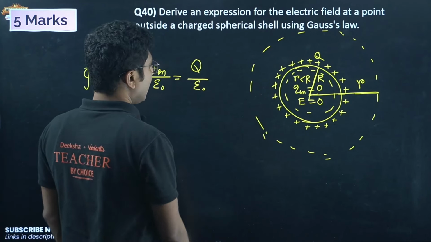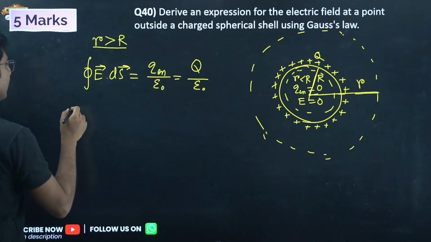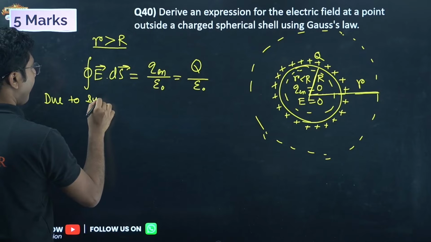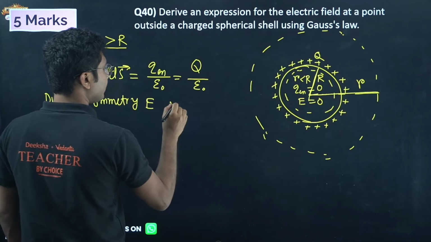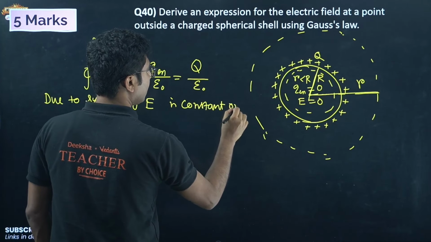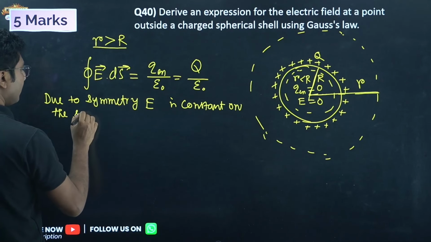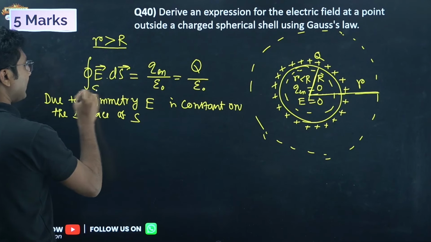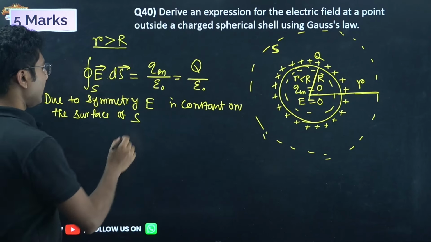Now we will again say that due to symmetry, electric field is constant on the surface S. What is S, by the way? S is this surface we are naming as S.